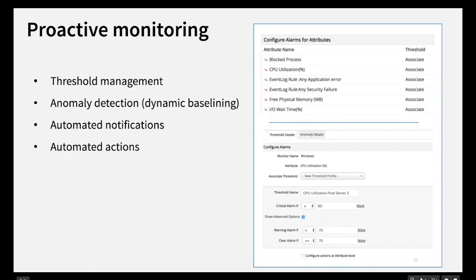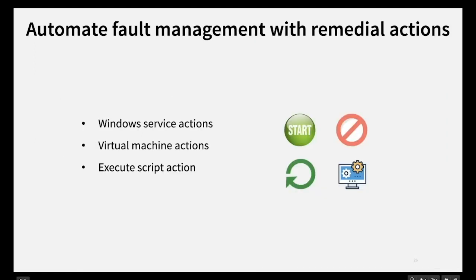And then automated actions. There are certain actions that the product allows to automate. For example, actions like Windows service action or virtual machine action. For example, you can choose to start, stop, or restart a virtual machine if a known issue persists. And options like the execute script action.